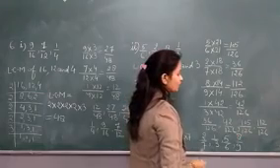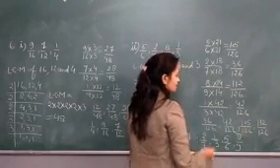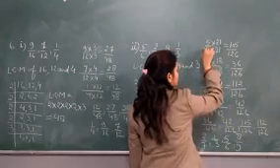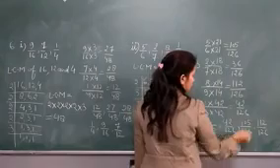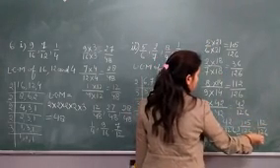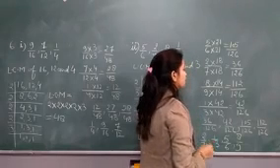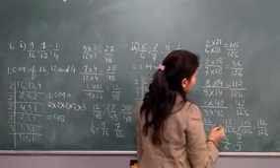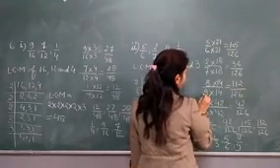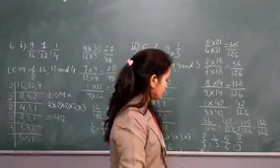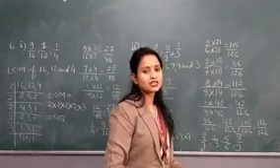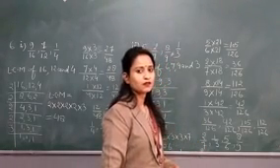Now 105 upon 126 is the fraction of 5 upon 6. So we will write here 5 upon 6. And 112 upon 126 is the fraction of 8 upon 9. So we will write here 8 upon 9. And it is in ascending order. Understood?